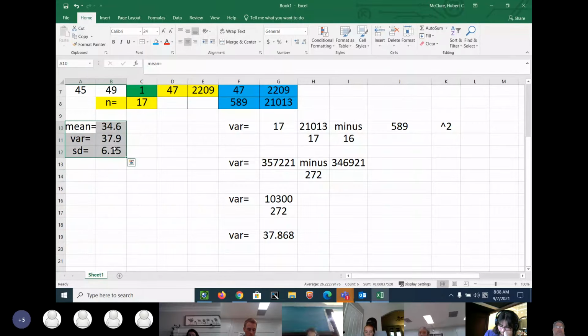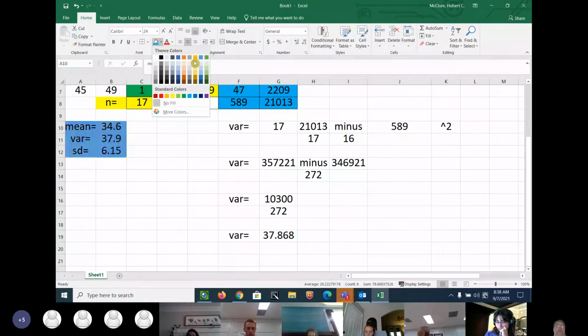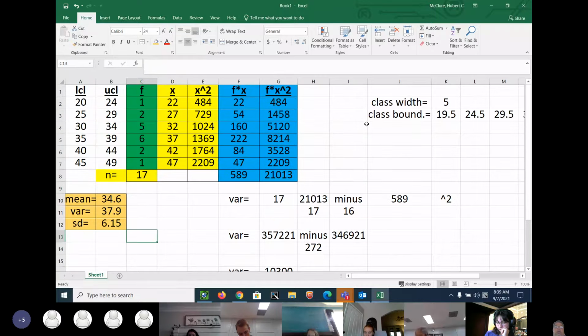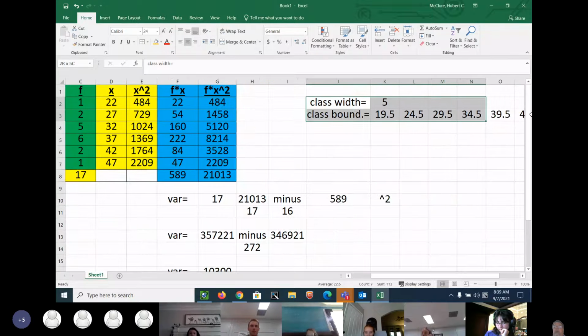And there is 3 test questions right there. And I'm going to highlight these burnt orange. And here is 3 test questions right here.